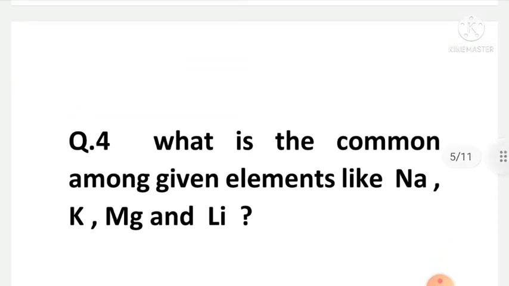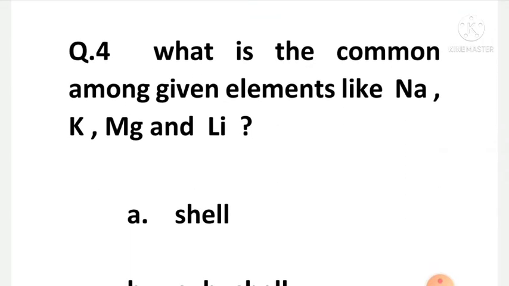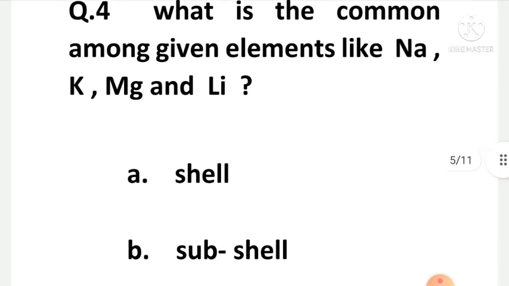Now we see the next question. Question number 4. What is common among the given elements like sodium, potassium, magnesium and lithium? Here we have to first calculate and observe the given options.